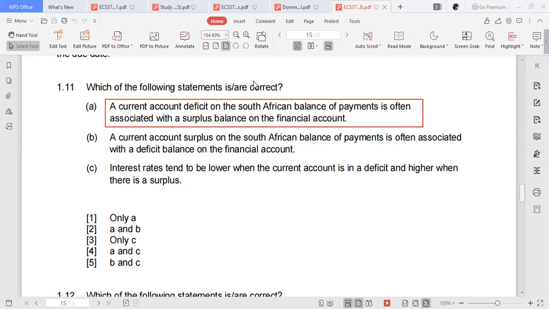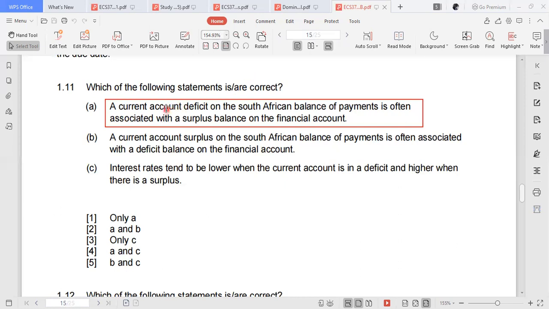The balance of payments has sub-accounts, which include the current account, the financial account, and also non-recorded transactions.